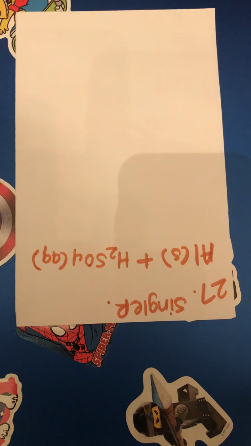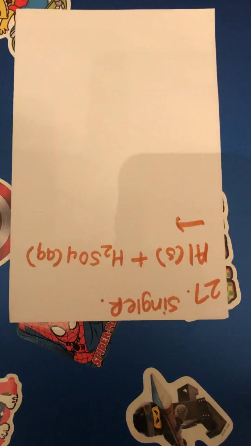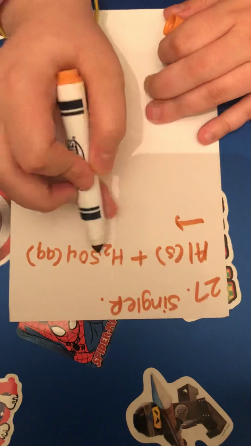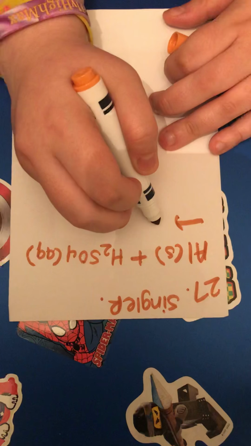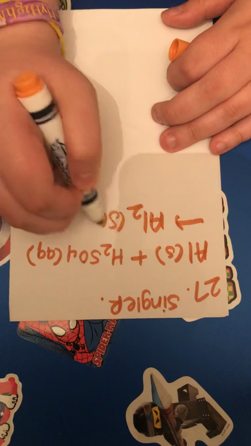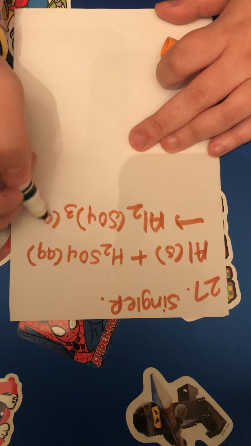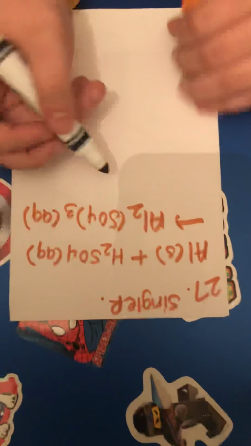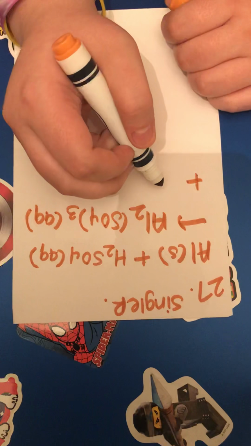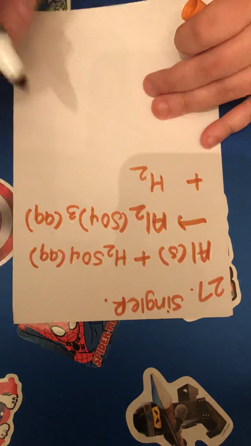And then yield, we have to predict the products now. So the aluminum is going to kick out the hydrogen, so it's going to be Al2(SO4)3, aqueous, and then plus H2.